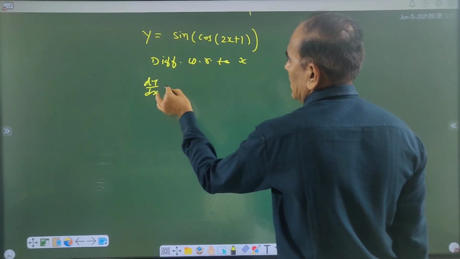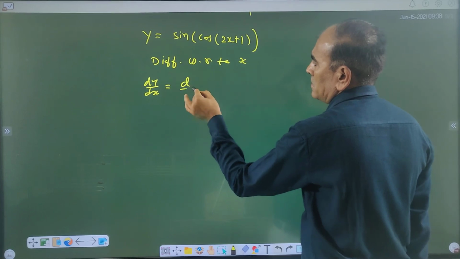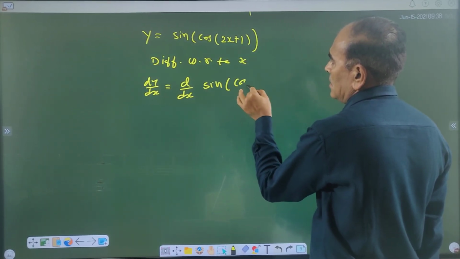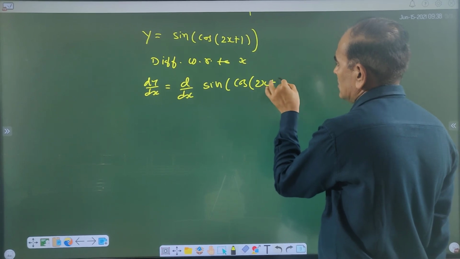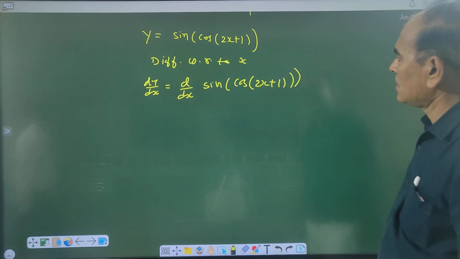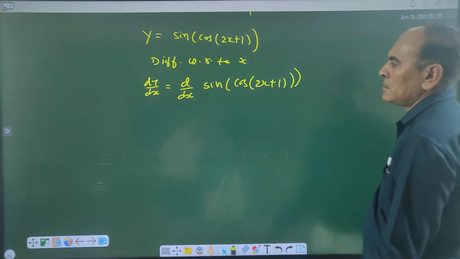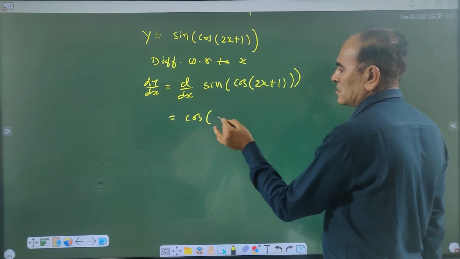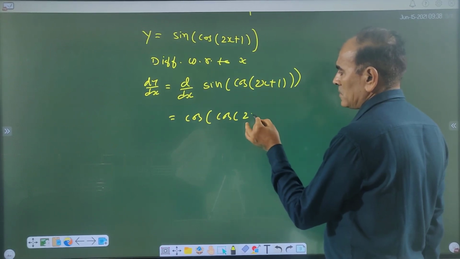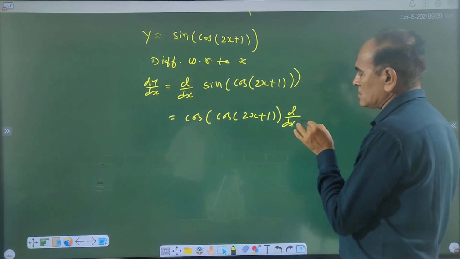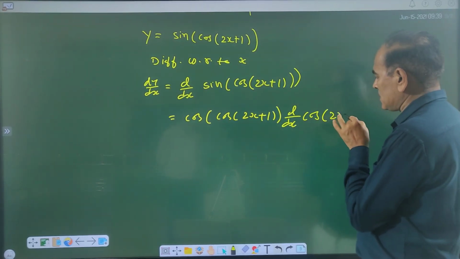dy by dx is equal to d by dx of sine cos 2x plus 1. What is the derivative of the first one? Cos of 2x plus 1 into d by dx of cos of 2x plus 1.